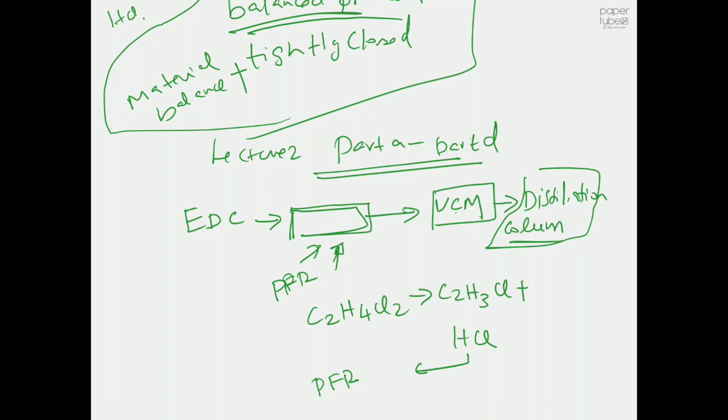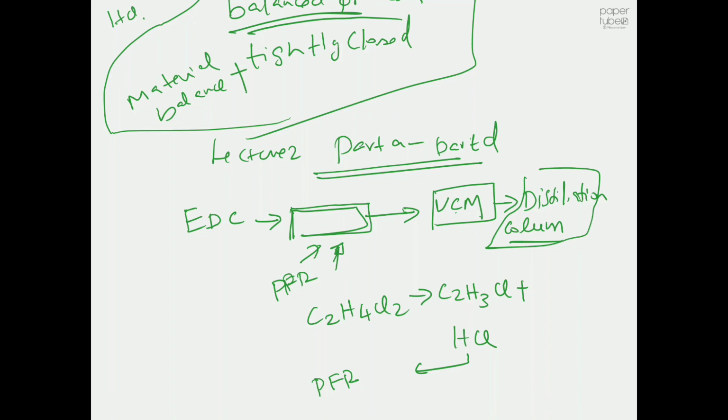So we will deal with this in the next lecture: how to take this ethylene dichloride, how we pass it to the pyrolysis chamber, what products we can expect from the pyrolysis chamber, and how we are going to purify it.